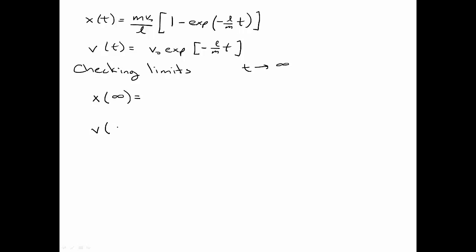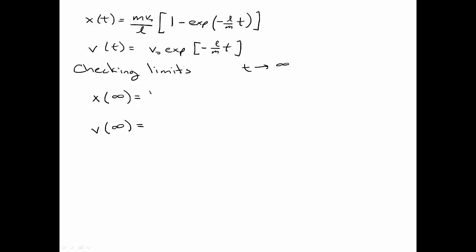Velocity, when time equals infinity, equals what? Technically, you should be using limit notation. But because we are being physicists who just want to see what our equation does, I'm not going to worry about it. So go ahead and try to think about what these equations equal when time equals infinity. If you're not sure what I mean, just press play and watch me do it. But I think you can give this a pretty good thought of what happens when time gets very, very large.